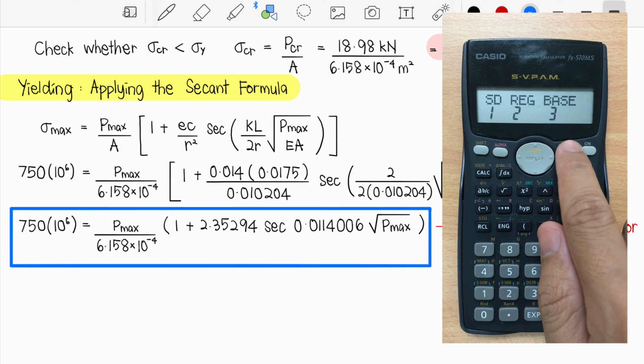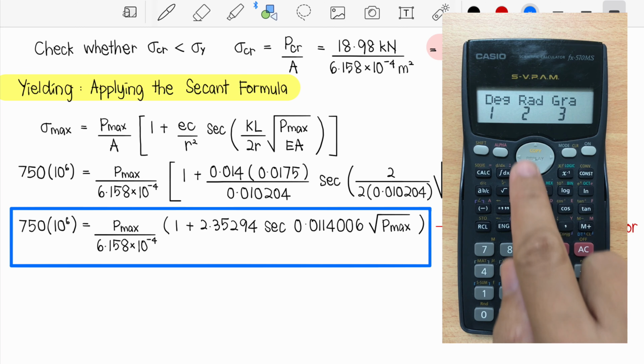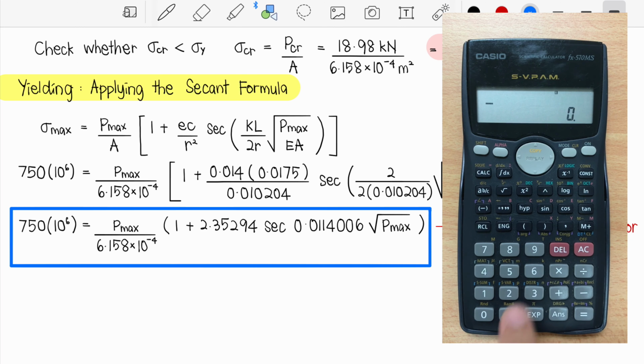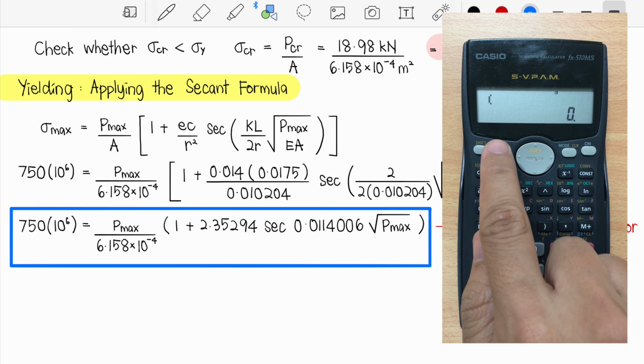Change mode to radian. Write the equation using alpha mode.